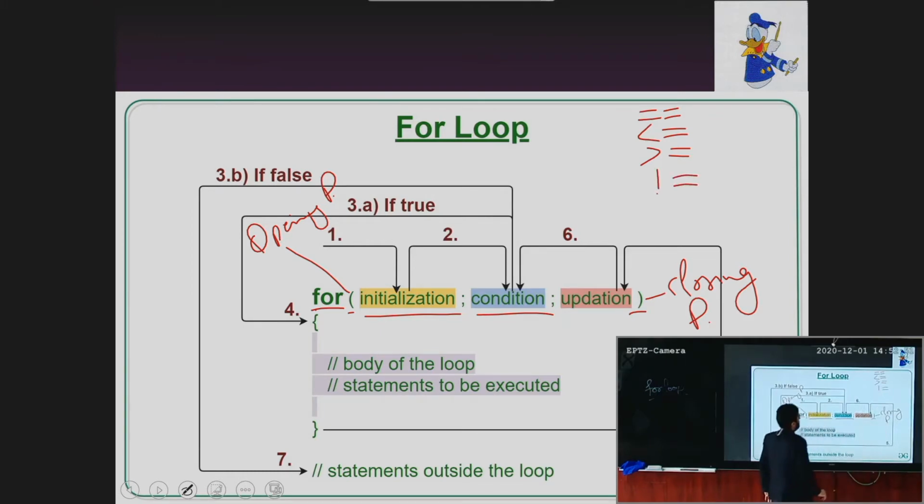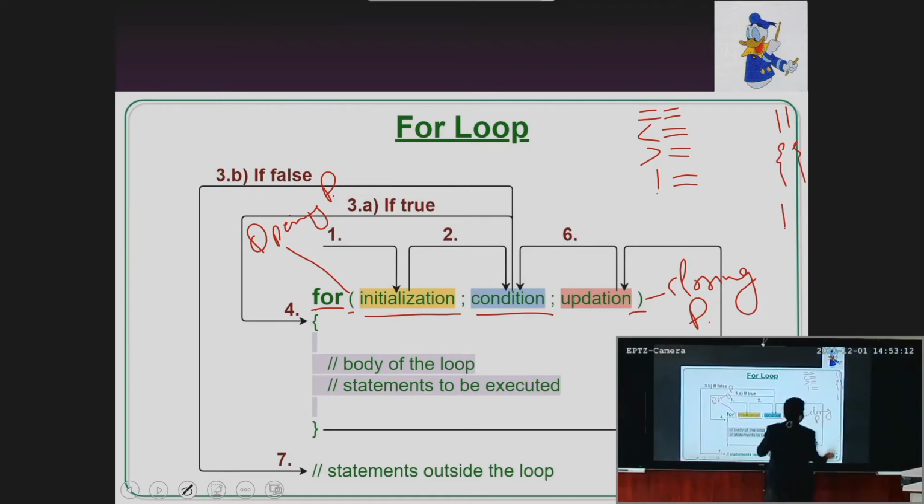These are considered relational operators, and we can use them in our condition statement. This condition statement can be a compound condition statement as well. How can we make it compound? By introducing the logical operators: the or operator, the and operator, and the not operator.